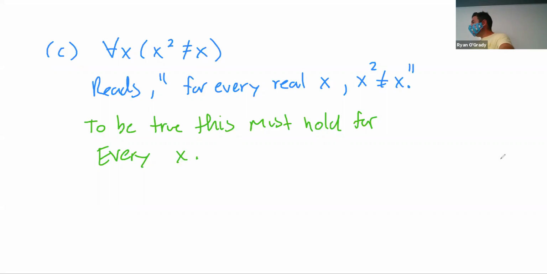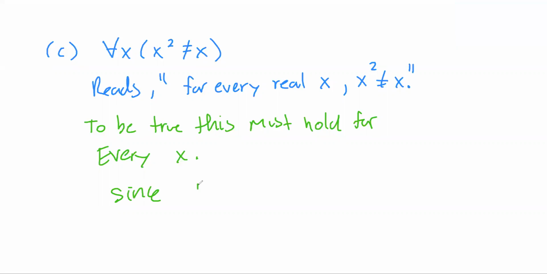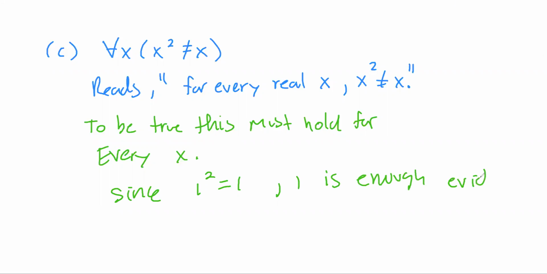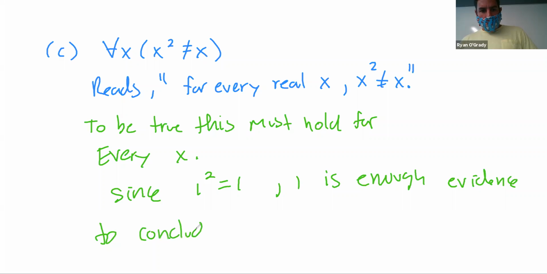It does not meet this criteria. So, since 1 squared equals 1, 1 is enough evidence to conclude the statement is false.